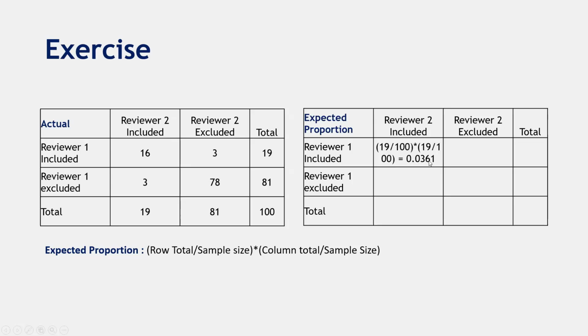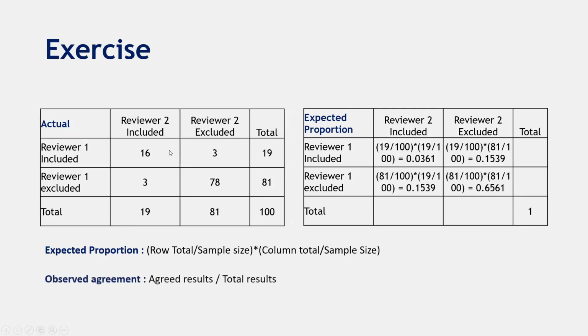So that would be a particular proportion. What about this box? 19 by 100 into 81 by 100. This box will again be 81 by 100 into 19 by 100. And this box, 81 by 100 into 81 by 100. Since these are proportions, when we add all these together, we get 1. So this is the expected proportion.